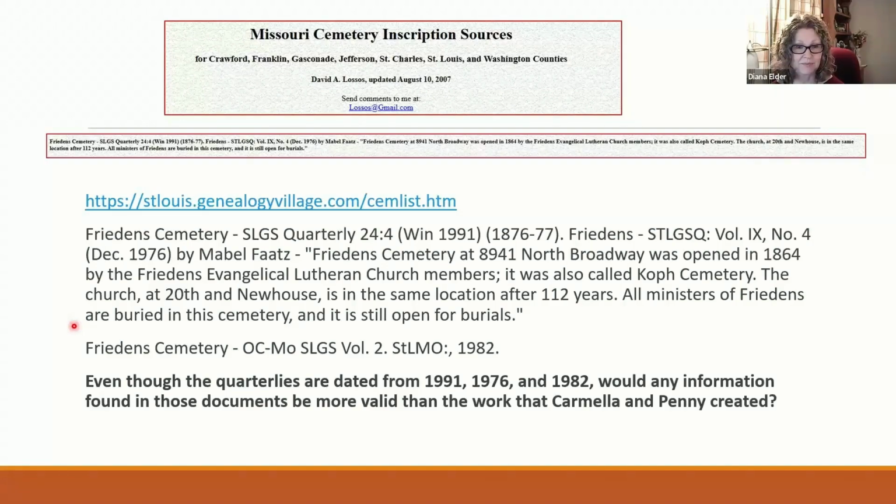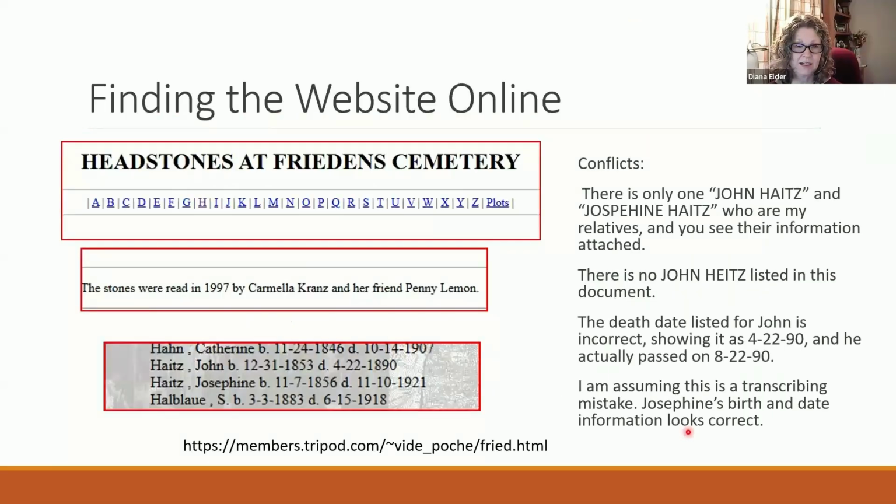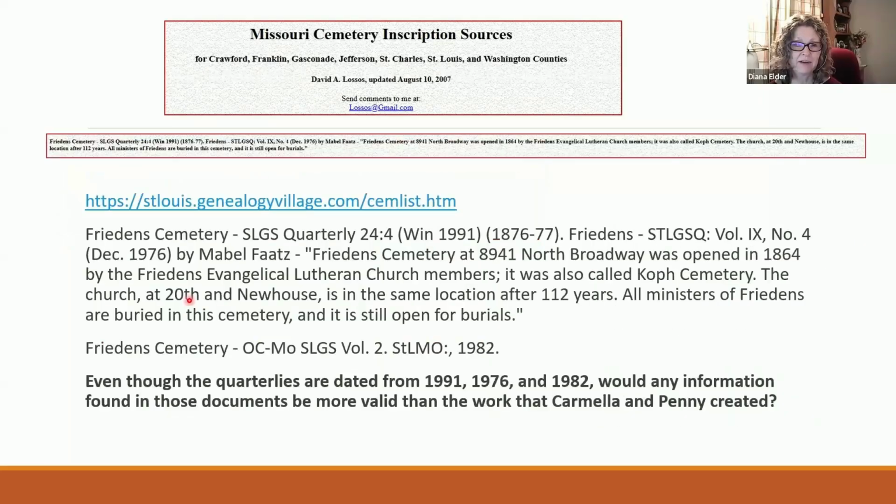So the question was, even though they're dated 91, 76, and 82, would any information be more valid than the work that Carmela and Penny created, because they created theirs in 1997. With headstones, I always like to look for the very earliest readings because they tend to be more accurate.